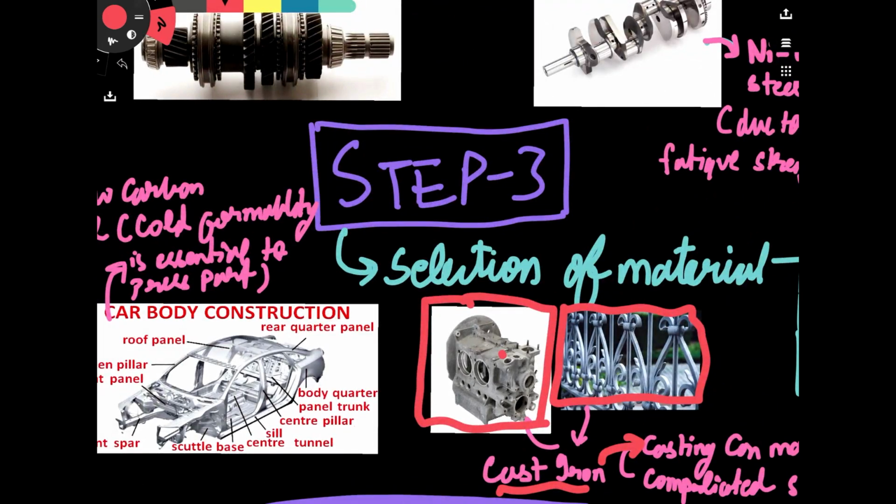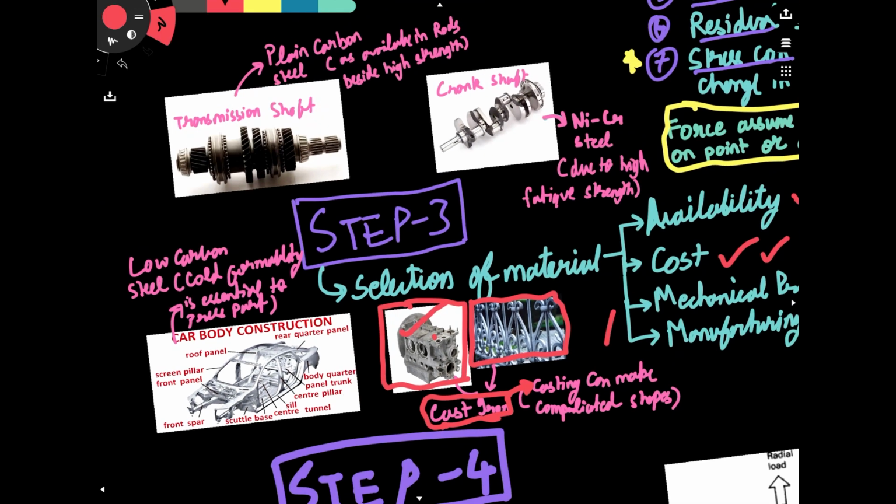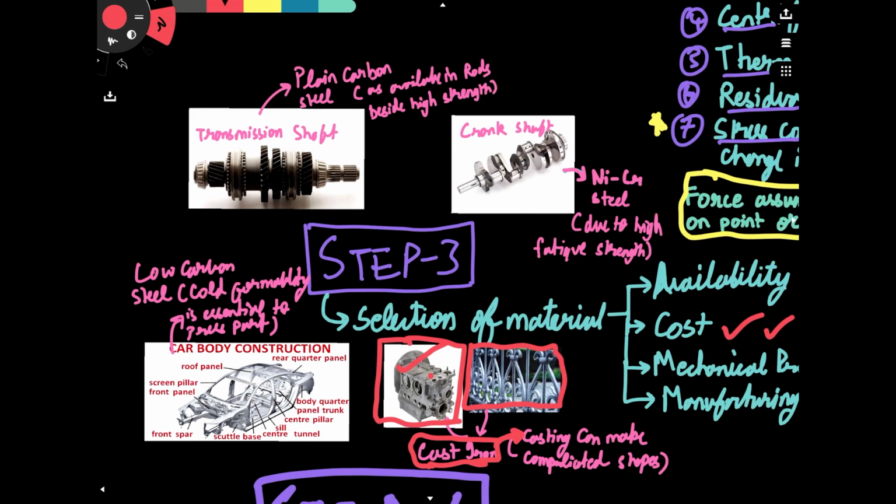If I manufacture it by another method, it will be very much costly, and perhaps very difficult also. But cast iron can be used for the casting process, and casting can produce complicated shapes. Thus I used cast iron for this. So I chose cast iron because the manufacturability is very much easy.